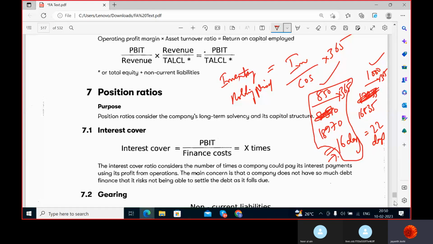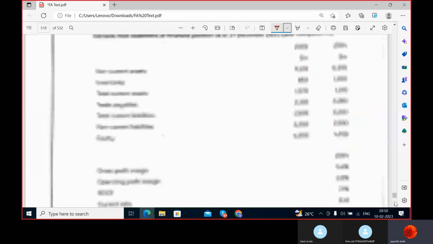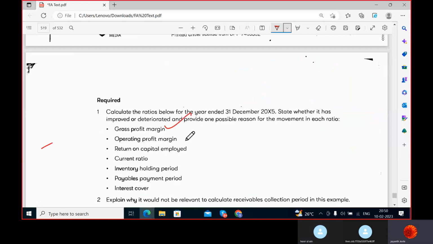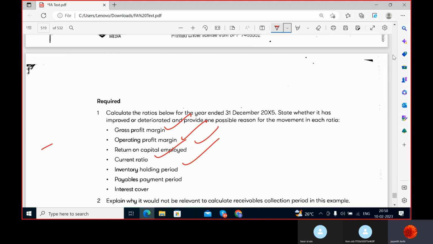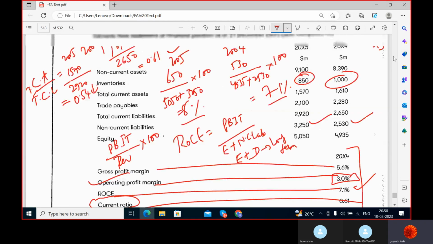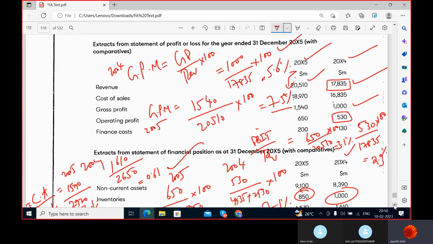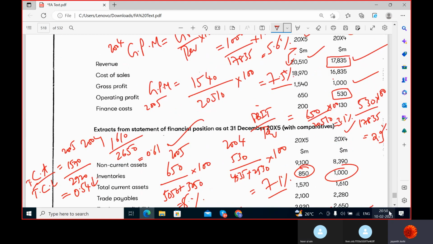Okay. Now, next ratio. So this is done, this is done. Payables payment period and interest coverage ratio. These two ratios, I'm not going to write any formulas. Can you do that for me? I'm waiting. The data you have now, you have the textbook and data.